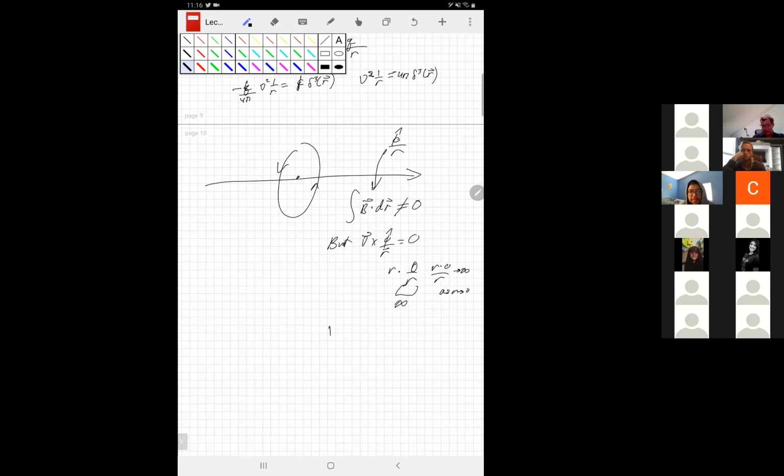And that is why del cross phi hat over rho is 0 everywhere, and it's a delta function, a 2D delta function when rho equals 0, when you're on the axis.